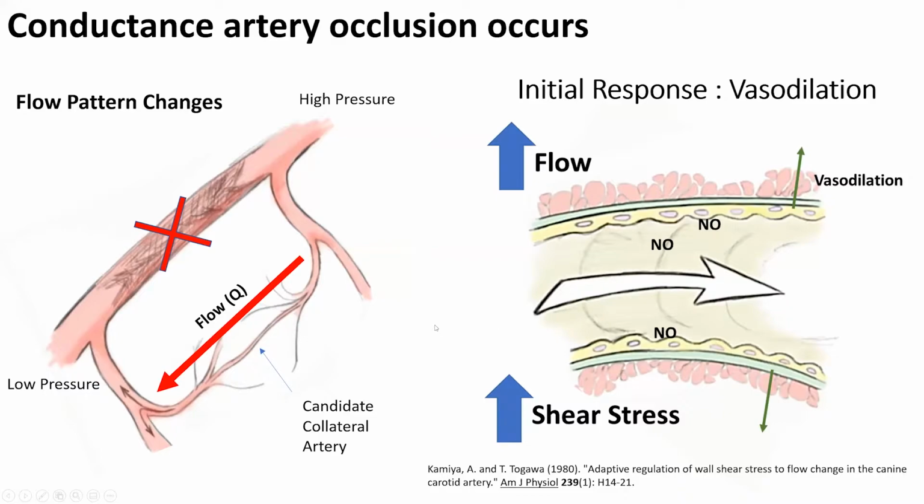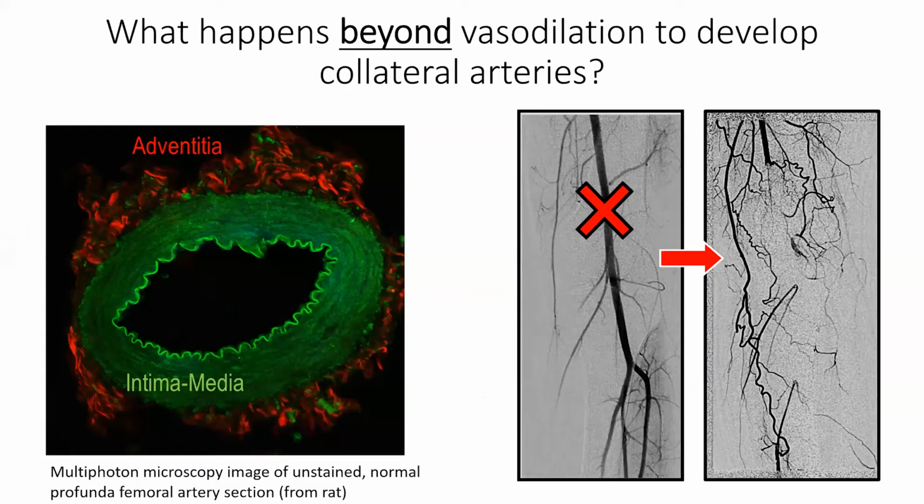The initial response to that flow pattern change is activation of the endothelium and vasodilation, but that can only get you so far. To achieve the sort of diameter expansions that we see in collateral arteries, especially functioning collateral arteries clinically, there has to be more of a structural remodeling that occurs.